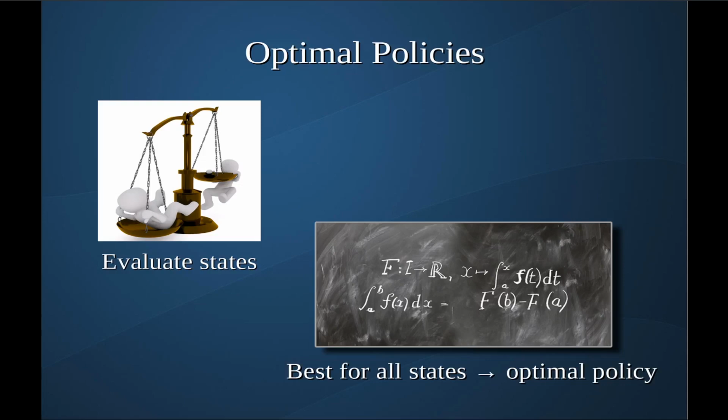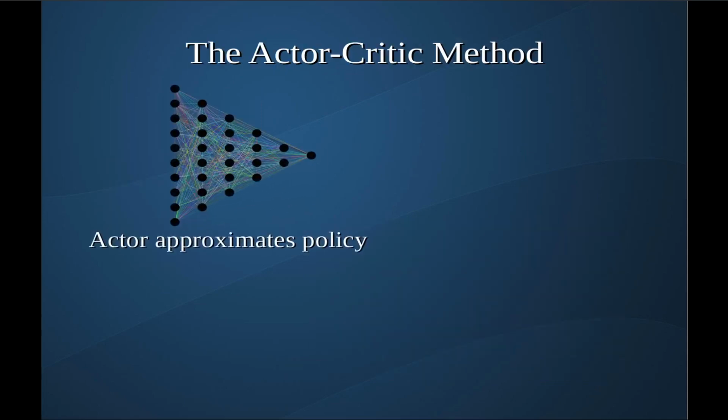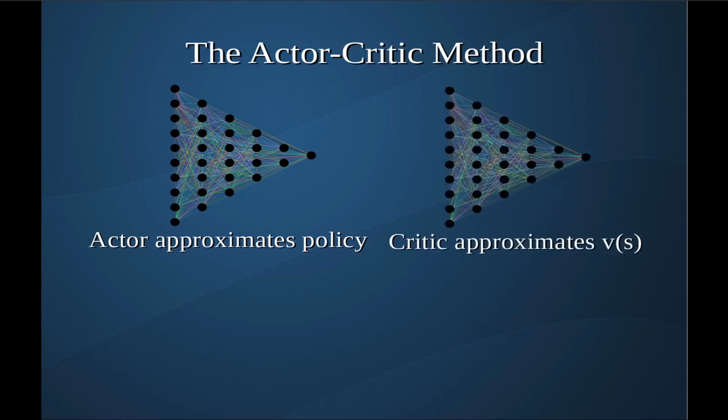In Actor-Critic methods, we're using two deep neural networks. One of them is used to approximate the agent's policy directly, which we can do because it's just a mathematical function. Recall that the policy is just a probability distribution over the set of actions, where we take a state as input and output a probability of selecting each action. The other network, called the critic, is used to approximate the value function.